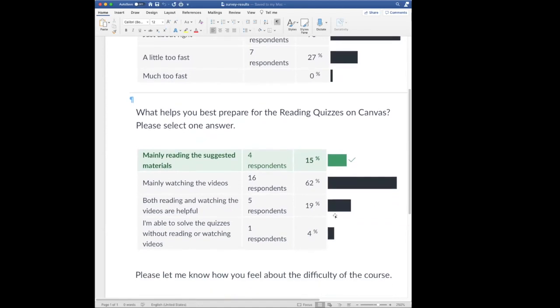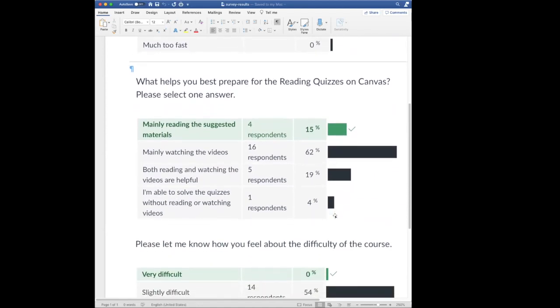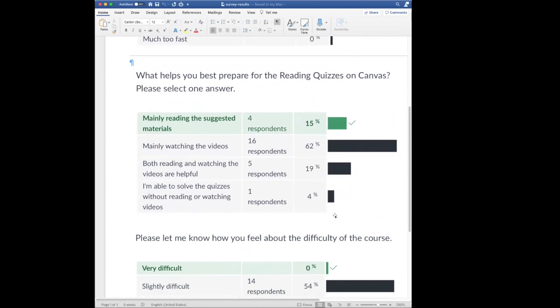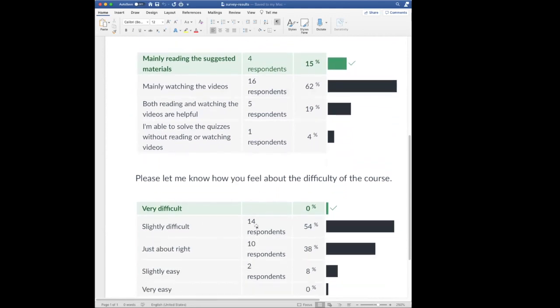As far as what students were doing for the reading quiz, in case you're curious what your classmates are doing, it seems like the videos are helpful. That was all I really wanted to know because they take time to make. I wanted to make sure they were actually useful, or else I would put my time into other things. But it seems like that is useful, so I'll keep on going with that.